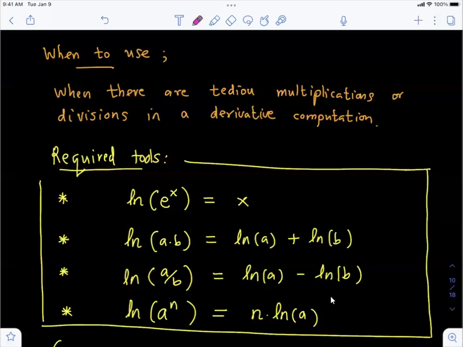And then the second property is a computational property. When you have a product inside ln, you can break it into a summation. The price that you need to pay would be having ln in front of both of those terms. But this will be significant in our computations because it's always easy to take a derivative of a sum compared to a multiplication.